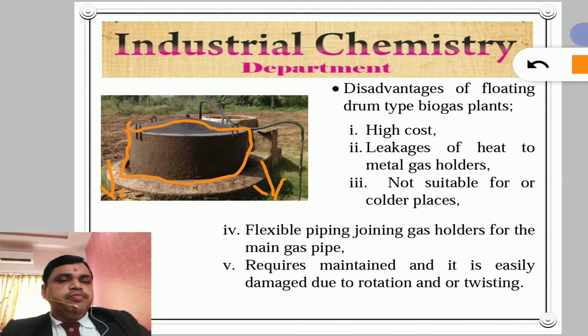So we do not know about the damage to the digester, and when the digester is damaged at ground level, leakage of gas is also associated with this type of biogas plant. These are the main disadvantages of the floating drum or KVIC biogas plant.